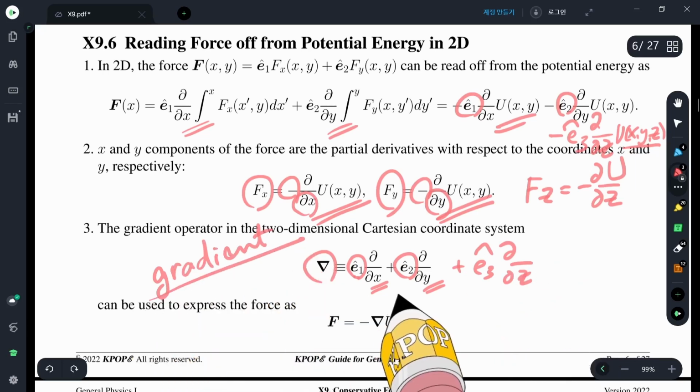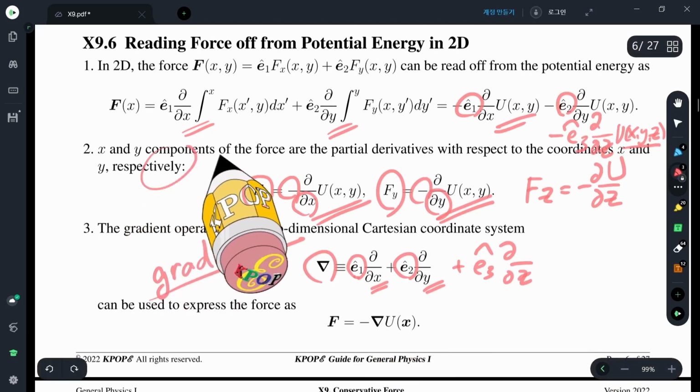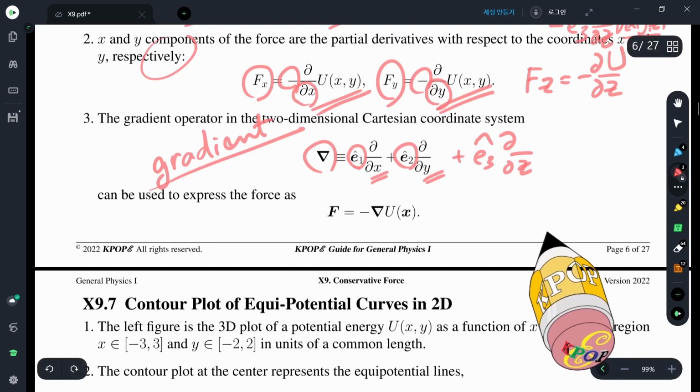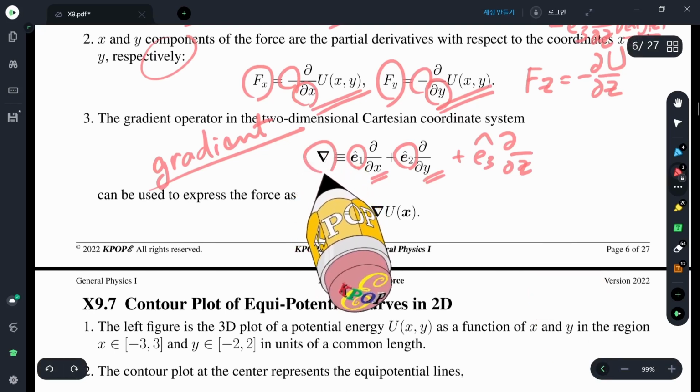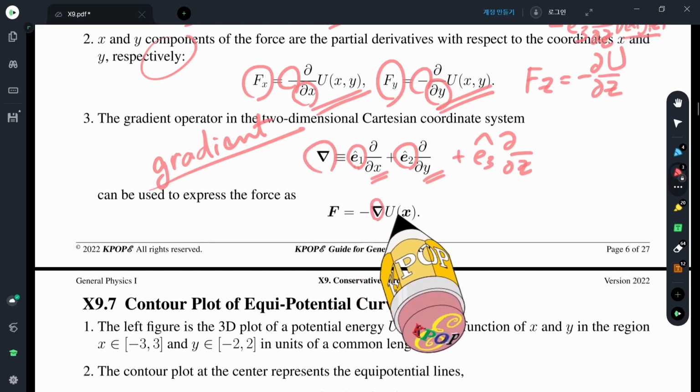Gradient shows the slope, a vector. For example, in 2 dimensions, we will see the concept plot, how to interpret the physical meaning of the gradient, on the next page. Anyway, this operator gradient is used for the 2 or 3-dimensional case.